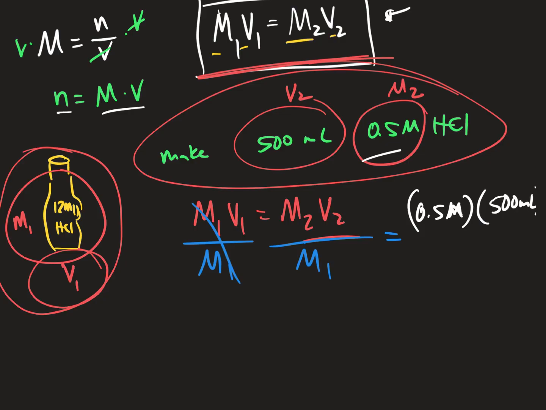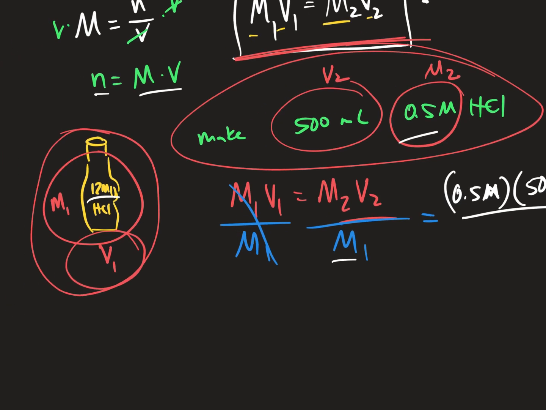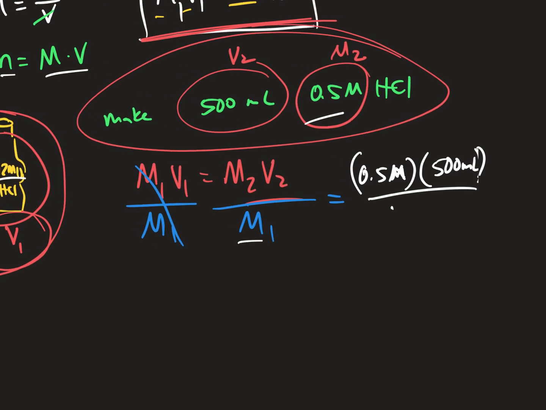Now, does that need to be measured in liters? What do you think? Let's find out. And divided by M1, which is our 12 molar concentration. What cancels? Molarity cancels, right?